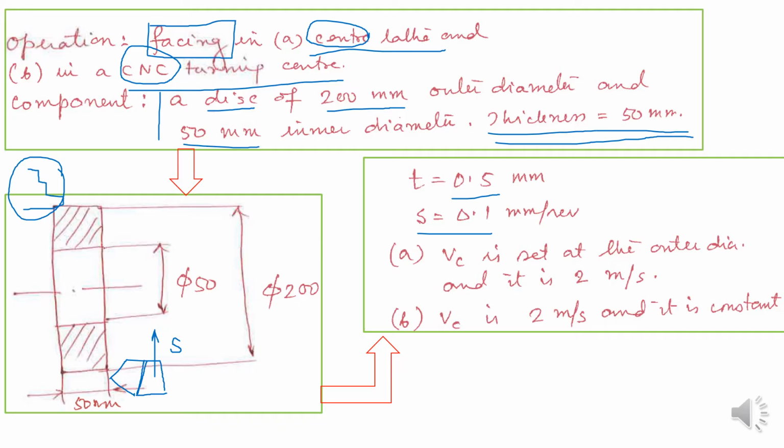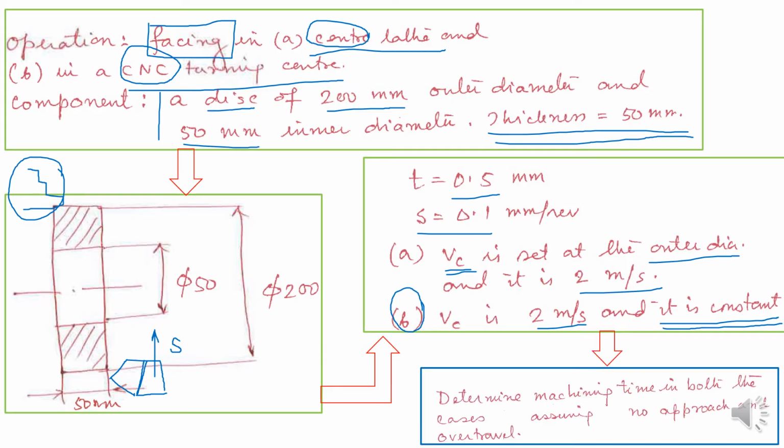For a center lathe, cutting speed has been set at the outer diameter and it is 2 meter per second. For the CNC turning center, that is case B, it is 2 meter per second, and in a CNC turning center or a machining center, you can keep the cutting velocity constant while you are doing a facing operation. So, that particular provision has been used.